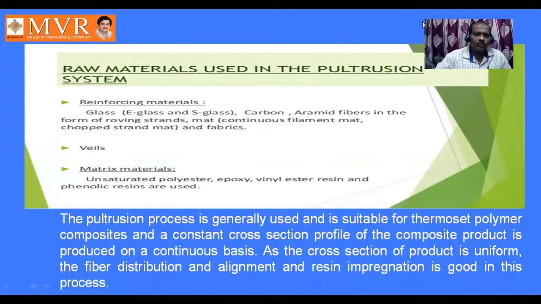So, what are the raw materials we need? By this time, everyone can understand we need a fiber material and we need a matrix material. So, reinforcing materials are the raw materials used in the pultrusion system: glass, that is E-glass or S-glass, carbon, aramid fibers in the form of roving strands, continuous filament mat, chopped strand mat and fabrics.